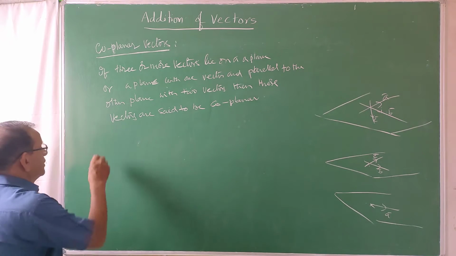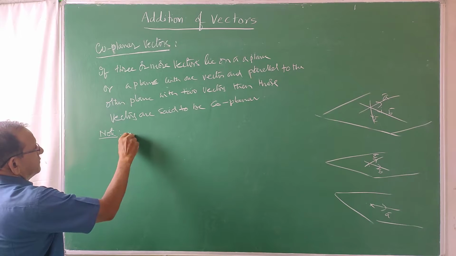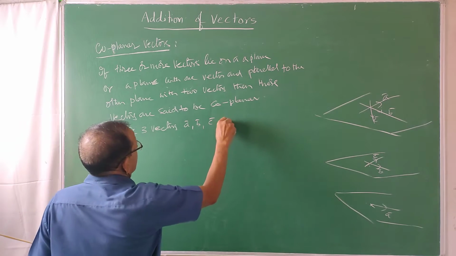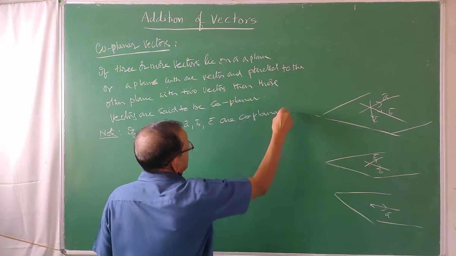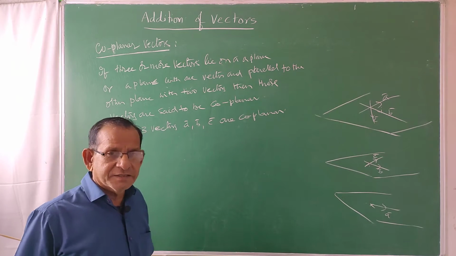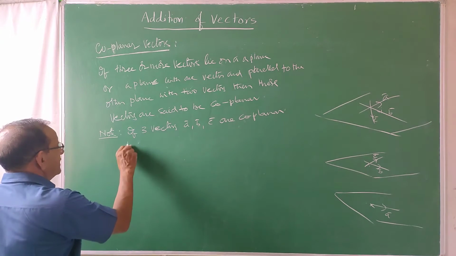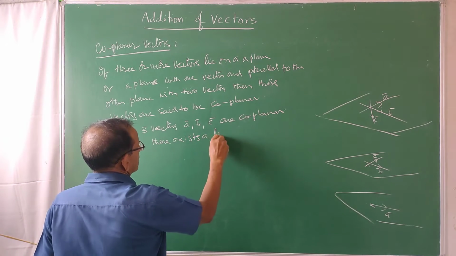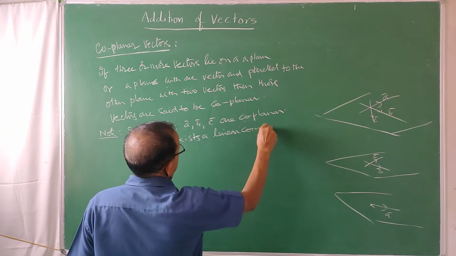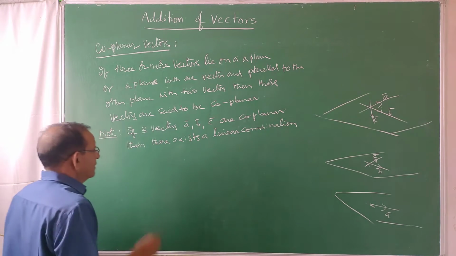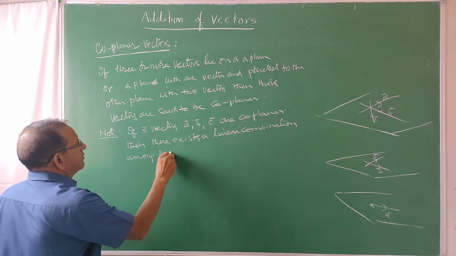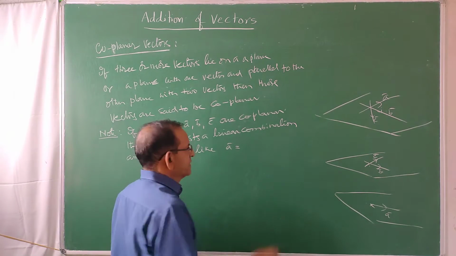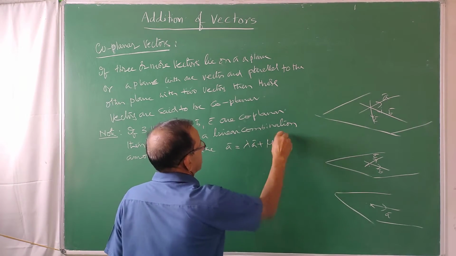Then note, if three vectors a bar, b bar, c bar are coplanar, meaning they lie on the same plane, then there exists a linear combination among a bar, b bar, and c bar, like one vector is equal to the combination of the other two vectors, lambda a bar plus mu b bar.